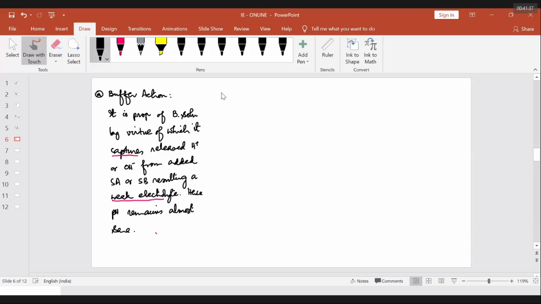Let us consider an example, an acidic buffer. Who is that fellow? CH3COOH plus CH3COONa, a weak acid and its salt with a strong base.